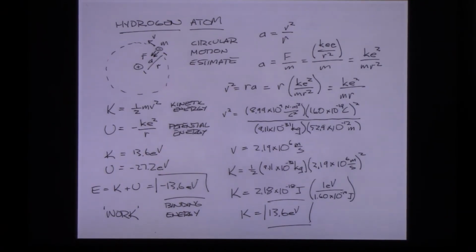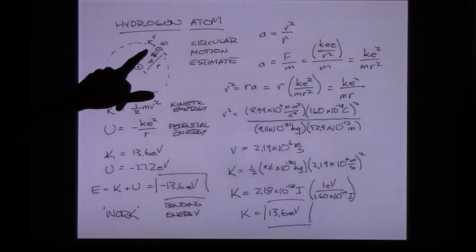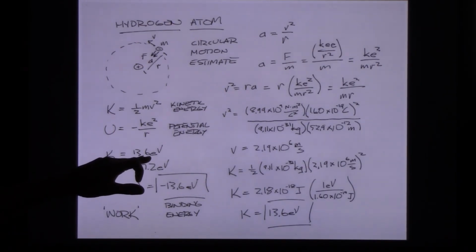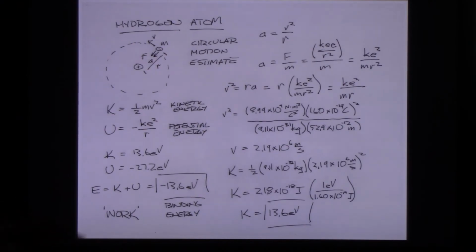It turns out that when you do a full-blown analysis, you find out that not only is there potential energy between the electron and the proton, the electron also has kinetic energy. So the kinetic energy of the electron becomes 13.6. This is in the Bohr model, which is wrong. It also is a number we get from quantum mechanics.